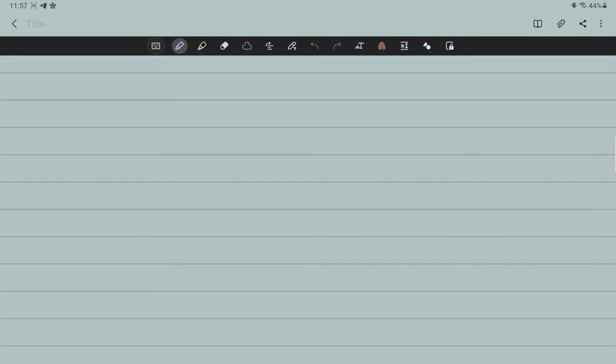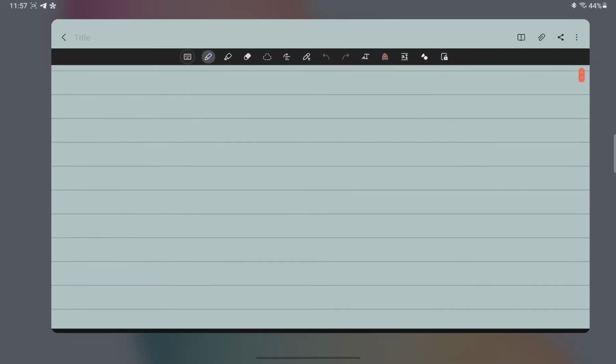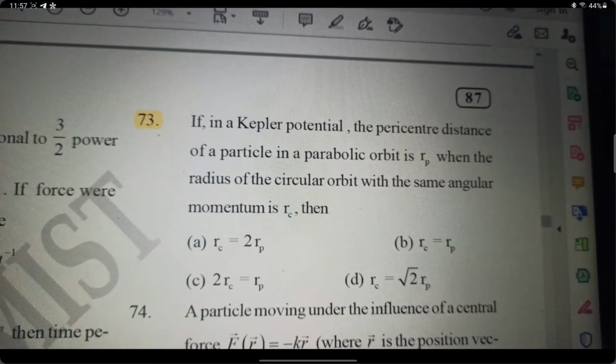Okay, so another question is that in a Kepler potential, the pericenter distance of a particle in a parabolic orbit is rp, when the radius of the circular orbit with the same momentum is rc.